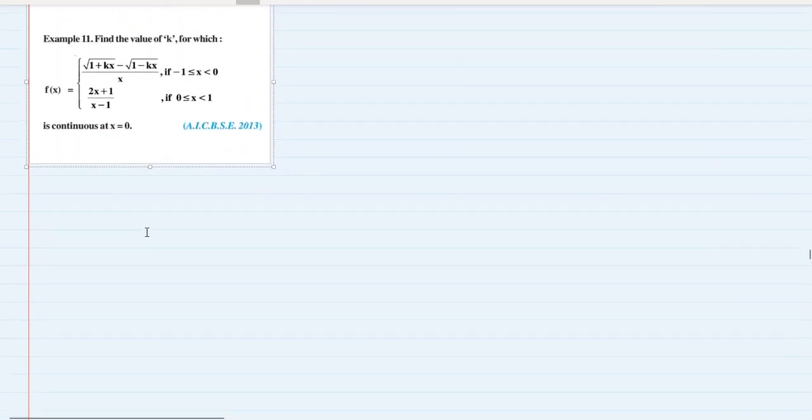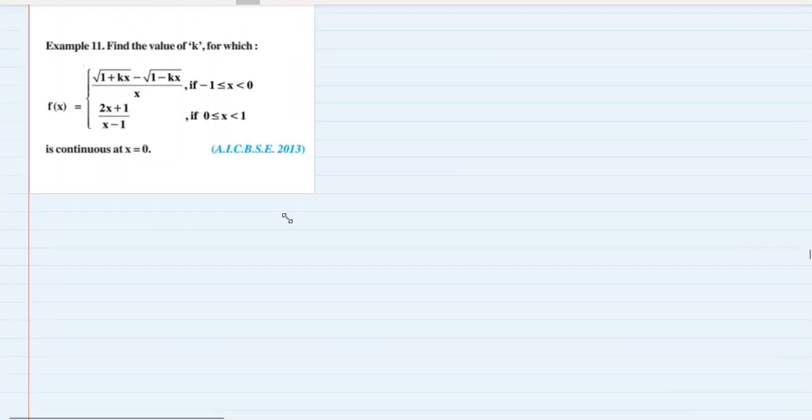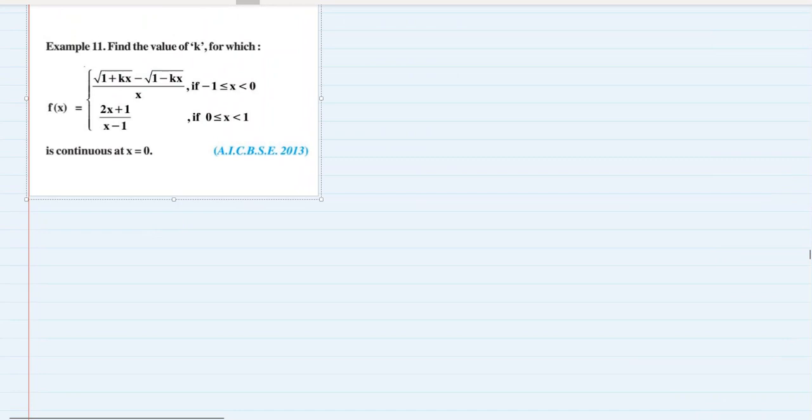Okay, one more CBSE question. Find the value of k for which this function is continuous at 0. Now, I would want all of you to try this question. It is very simple question.